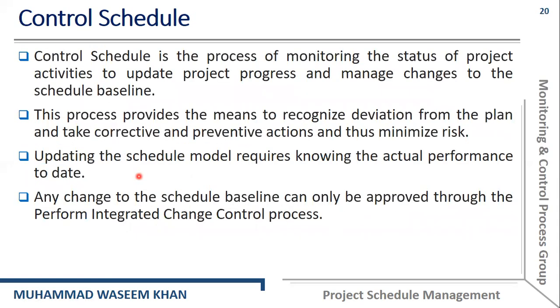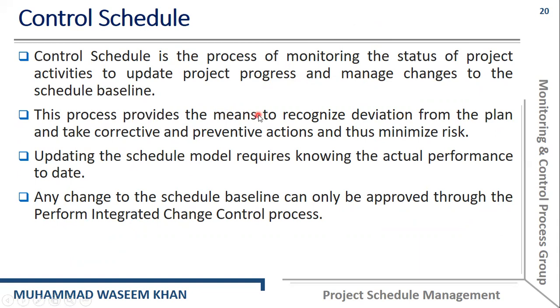We need to move toward the next and the last process of project schedule management, and that is control schedule. Control schedule is actually the process of monitoring the status of the project activities to update the project's progress and manage changes to the schedule baseline.